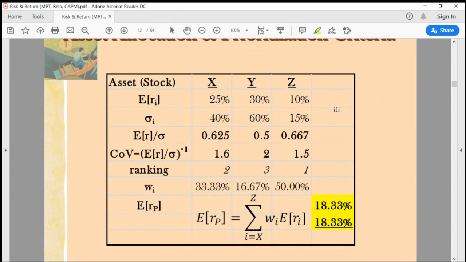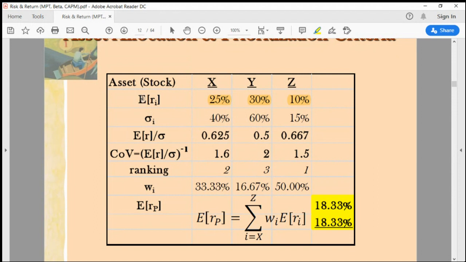You will do some research and pick the likeliest candidates. So you researched hundreds of stocks, and you came up with these 3 stocks: X, Y, and Z. And based on what? Based on their expected returns, right? 25%, 30%, 10%. Those are the expected returns, right?